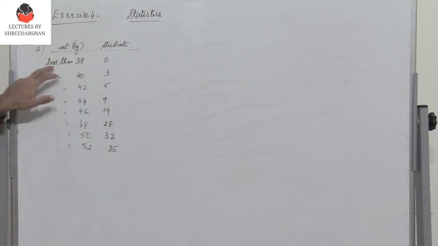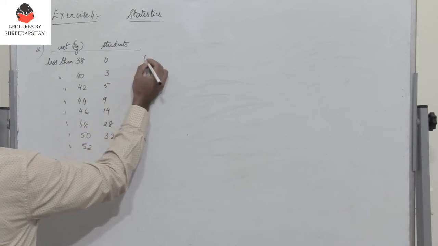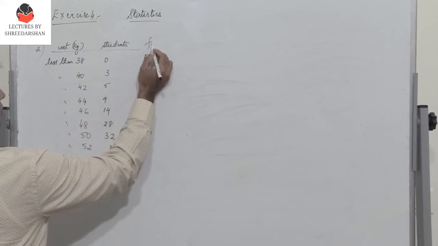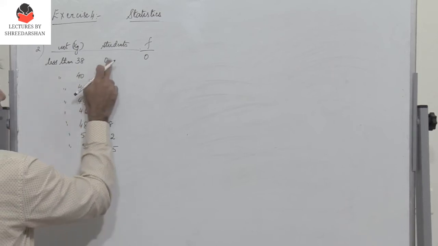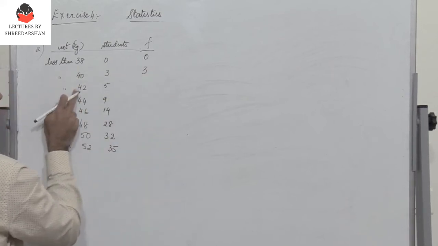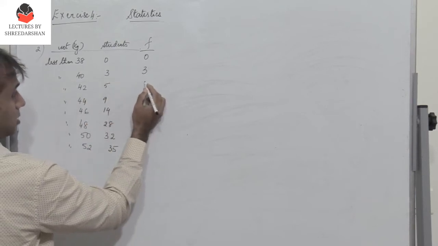So if I want to know how many students have got less than 38, what I need to do is, the first one of course is 0, that is to find the frequency less than 40 but greater than 38. So 3 minus 0 is 3, between 40 and 42 is 5 minus 3 is 2.